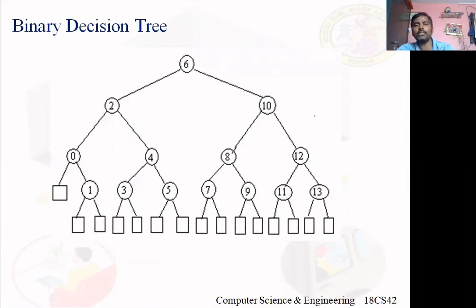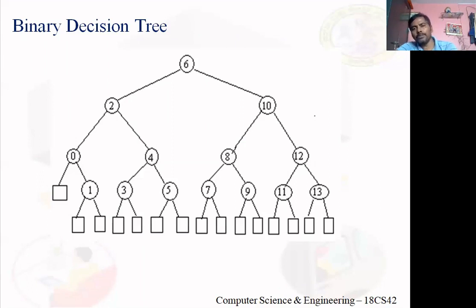And you can see the worst case is 4 comparisons. If I want to search for an element at index 5, it takes 4 comparisons. If I want to search for an element at index 9, 4 comparisons. It means for any element, I search with not more than 4 comparisons; in the worst case, maximum 4 comparisons.